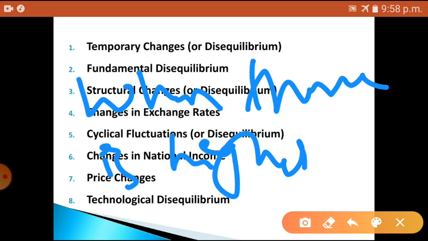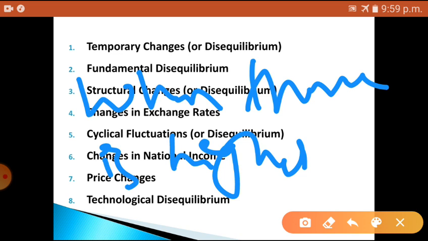One more thing, overvaluation of the domestic currency makes foreign goods cheaper and exports dearer in foreign countries.